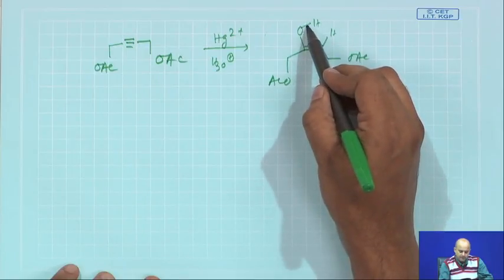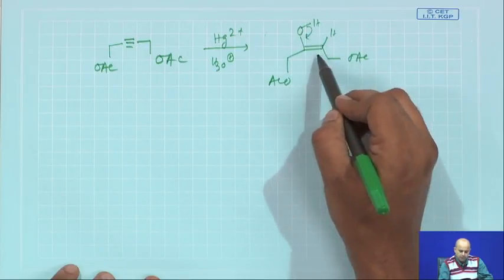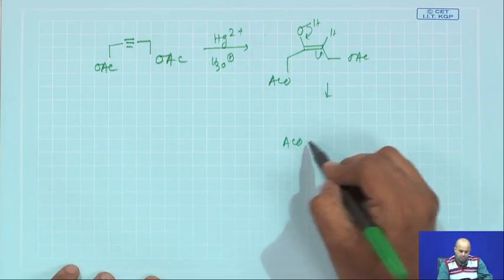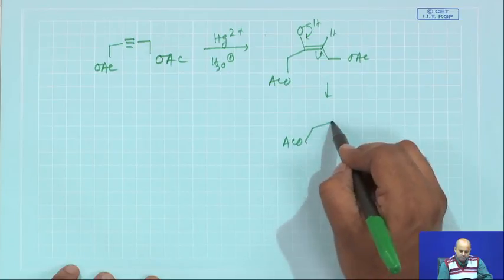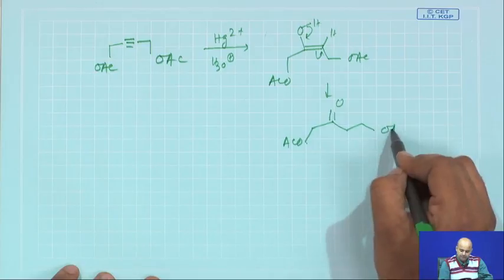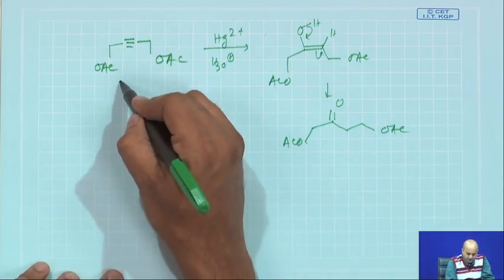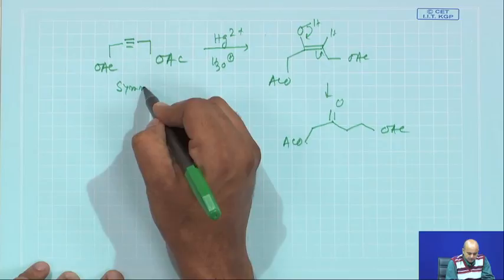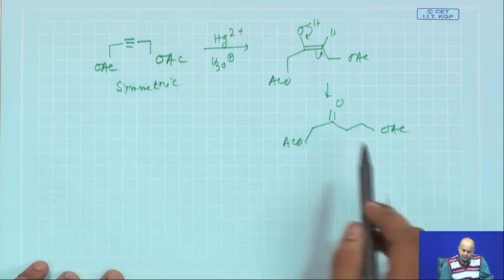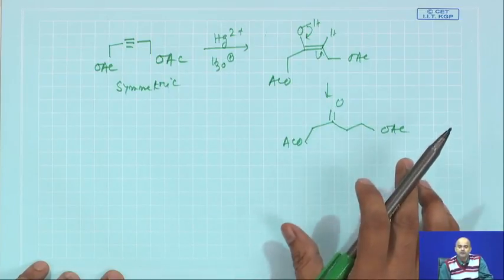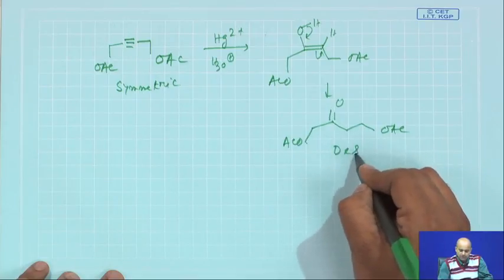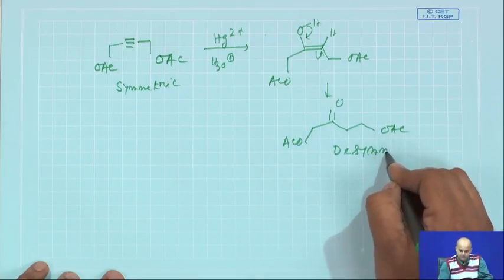Now, this vinyl alcohol undergoes tautomerization to basically give you C=O, CH2OAc. Now, see this starting material was symmetrical, very much symmetrical alkyne. You do a simple mercury mediated hydrolysis, you basically get a ketone which is now desymmetrized.